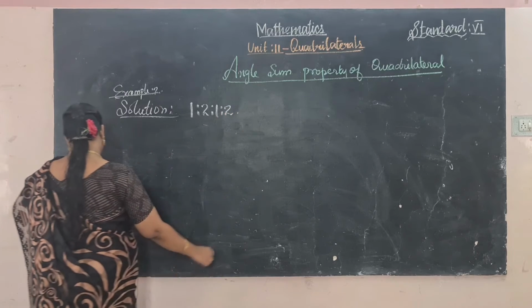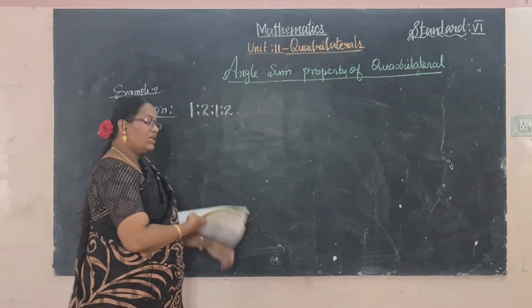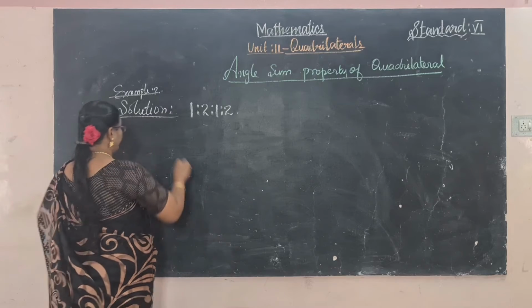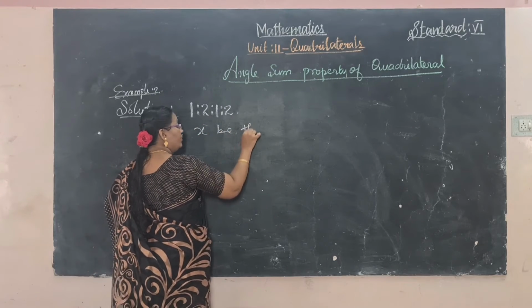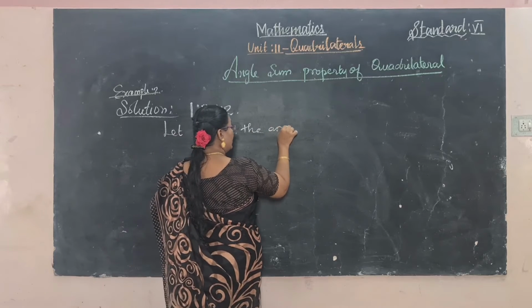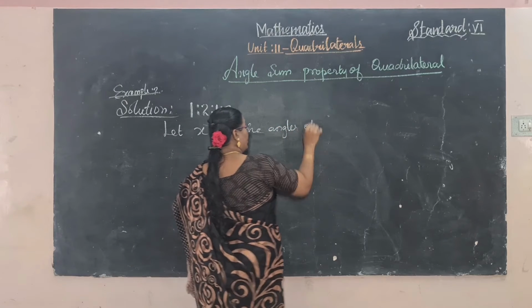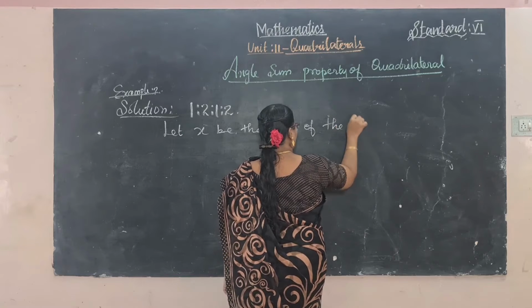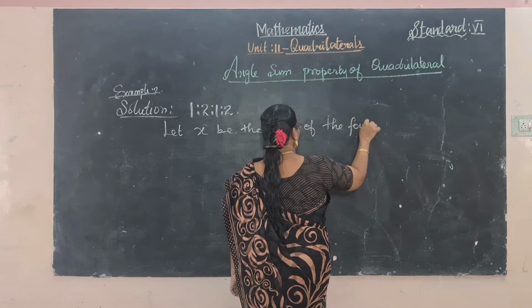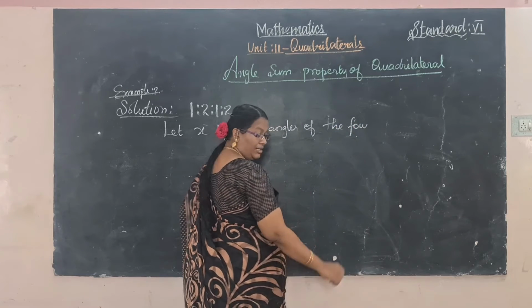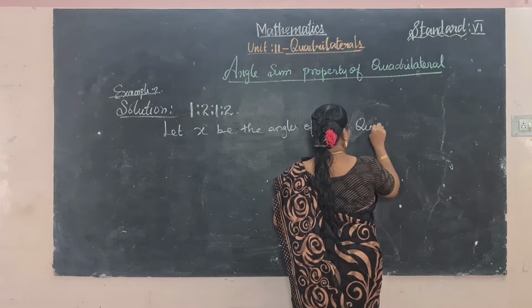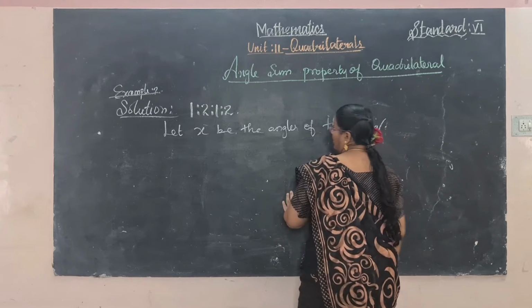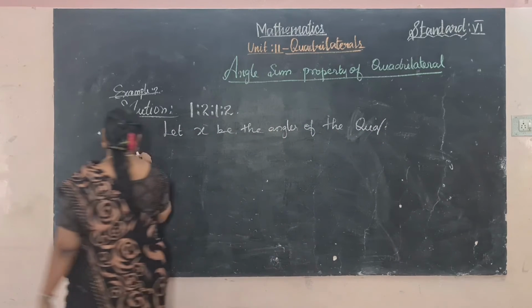1:2:1:2 ratio is given. Okay. So let x be the angle of the angles of the quadrilateral.